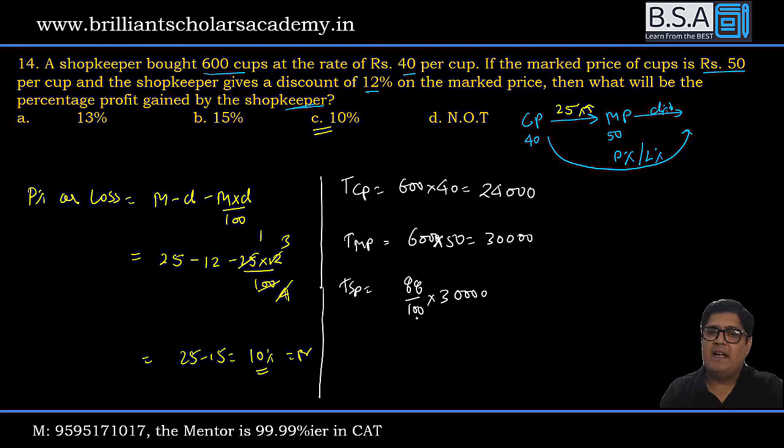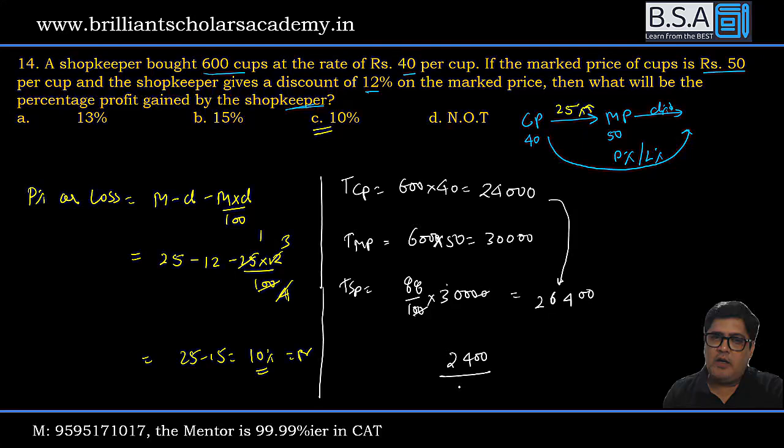You might need a calculator here. I will also need a calculator. That's perfectly fine. So 3 into 8, 24. 24 plus 2, 264. So how much is the gain? The gain is rupees 2400 on the cost price of 24,000 into 100. You will find it as 10% profit.